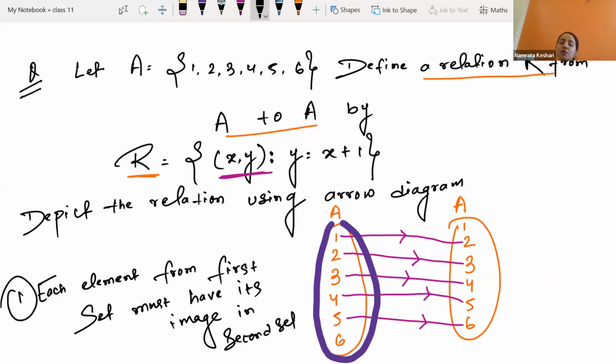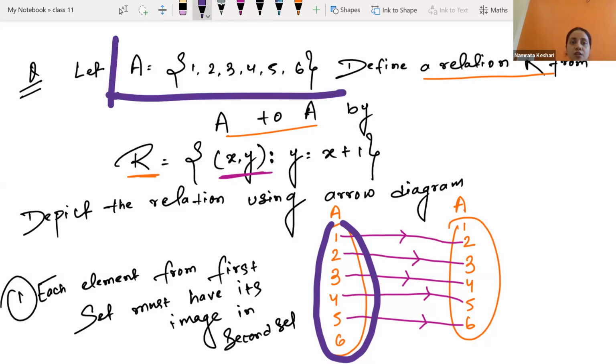So the rule number 1: each and every element must have its image. Each and every element from the first set must have its image in the second set. If your set is defined as A which has 6 elements 1, 2, 3, 4, 5, 6, then all must have its image in the second set.